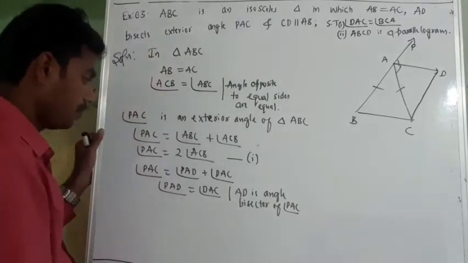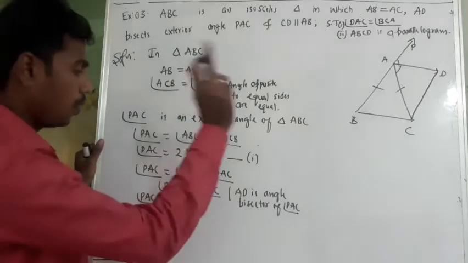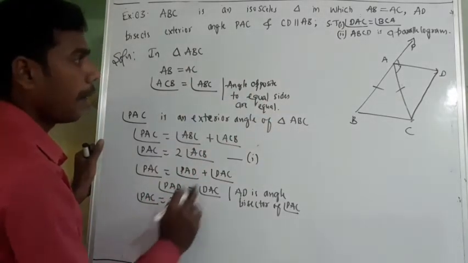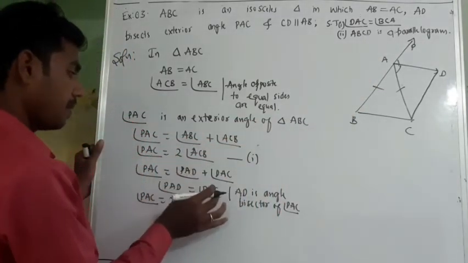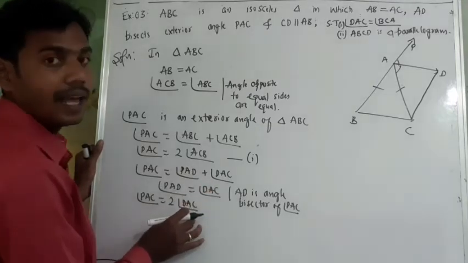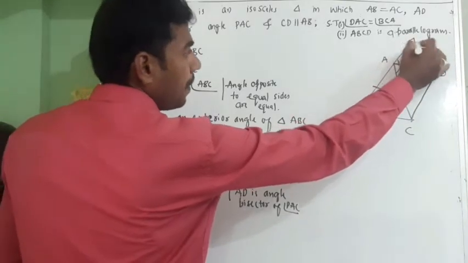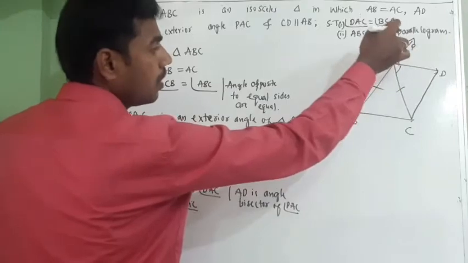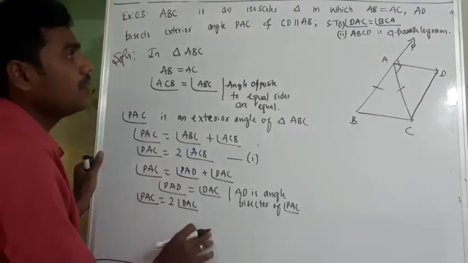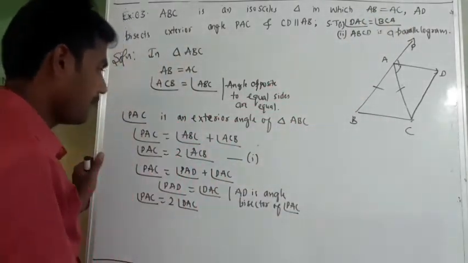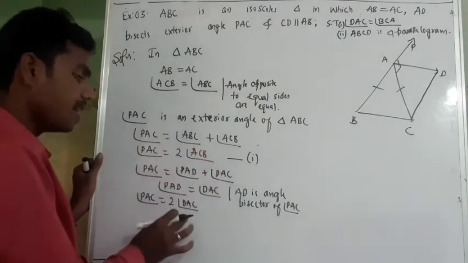So angle PAC is equal to 2 times angle DAC. Why am I writing in terms of DAC and ACB? Because I need to show DAC is equal to BCA. That is the reason I am writing PAC in terms of ACB or BCA and DAC.